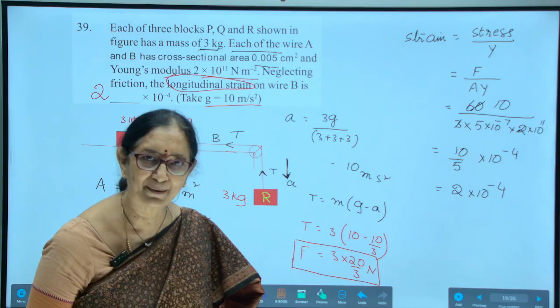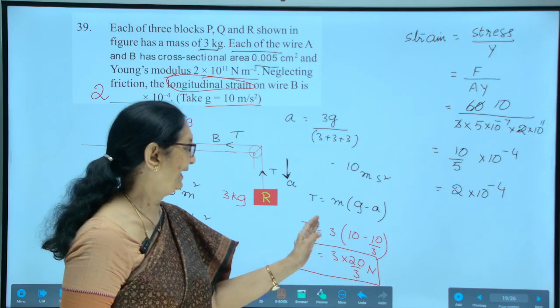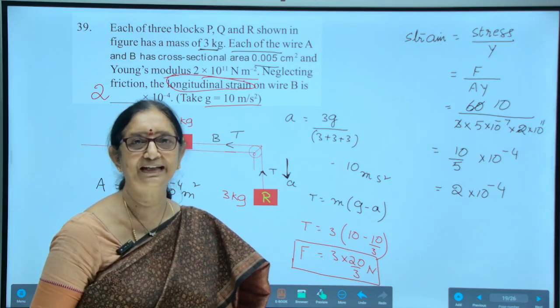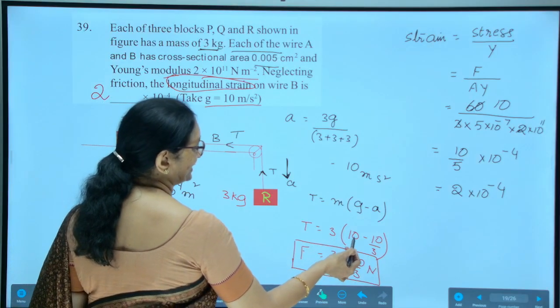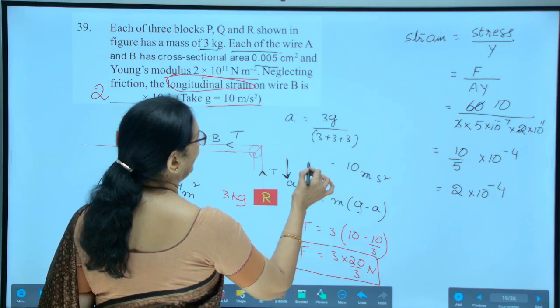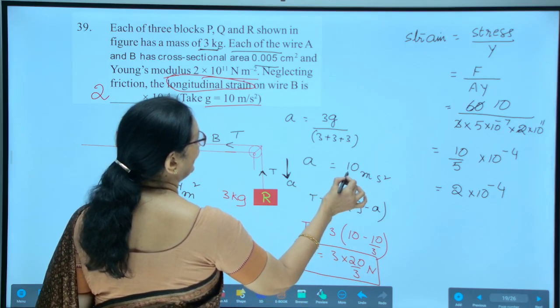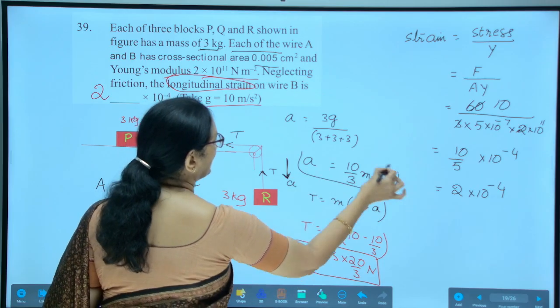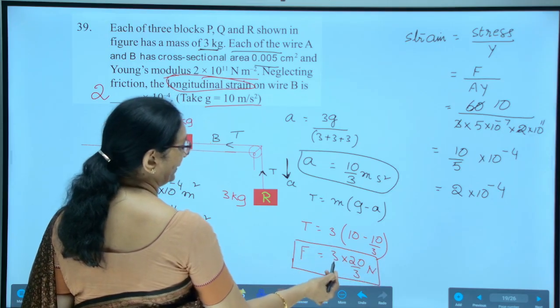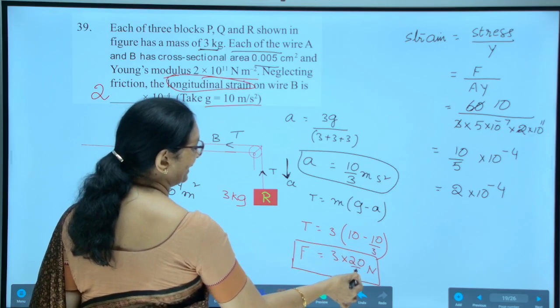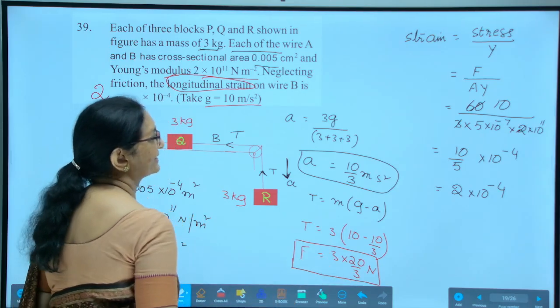We have done several problems and we have proved that T is equal to m of g minus a. That is 3 into 10 minus a, and we got a as 10 by 3. So I have just substituted that value of a here. So F is equal to 3 into 20 by 3, that is 60 by 3.